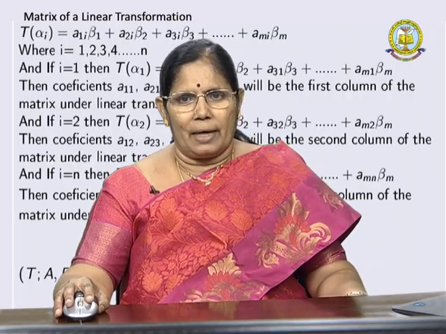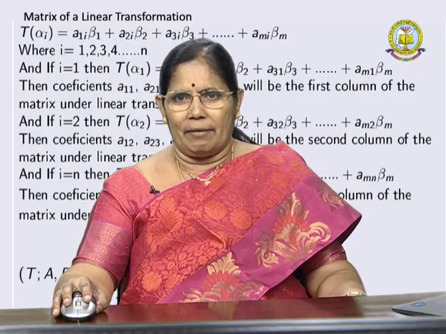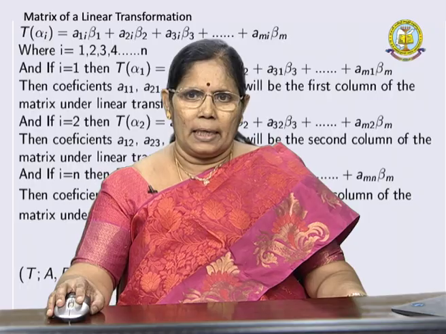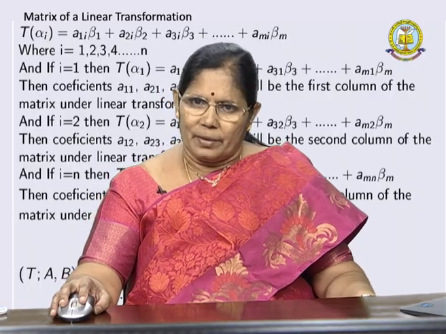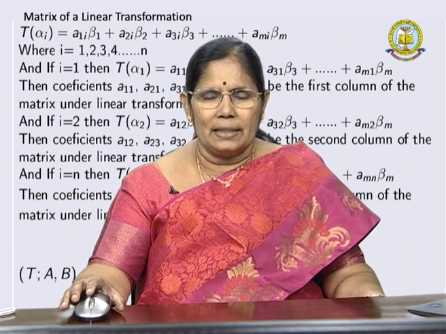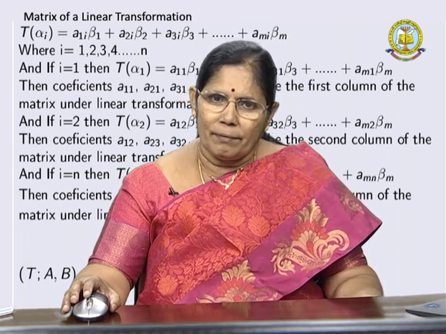That means T of alpha 1 is A11 beta 1 plus A21 beta 2, and so on, Am1 beta m, where all the coefficients A11, A21, Am1 are elements in the field.